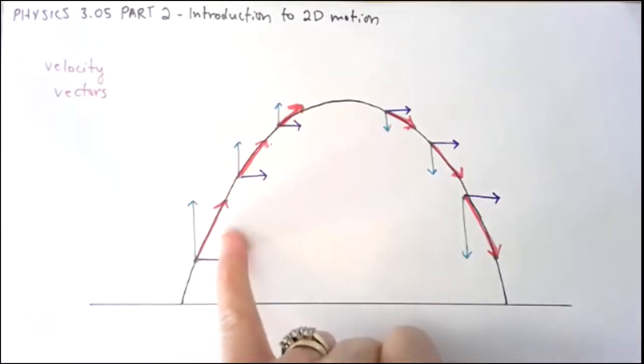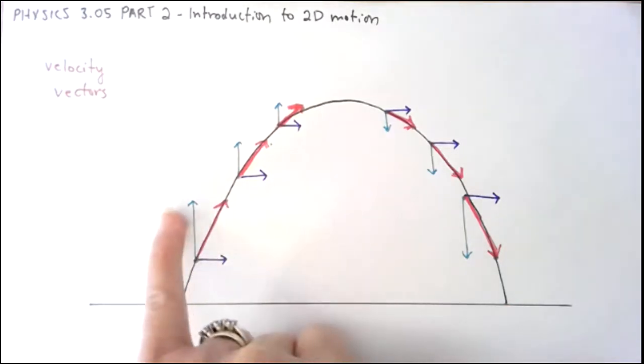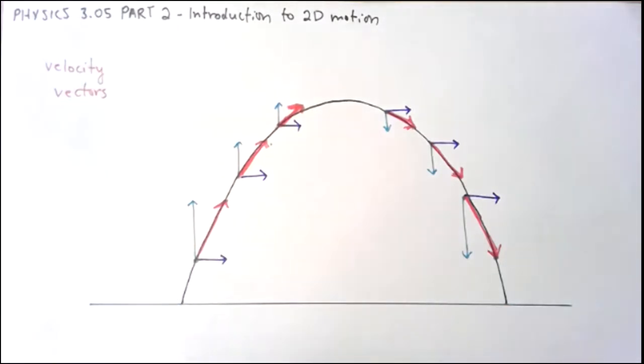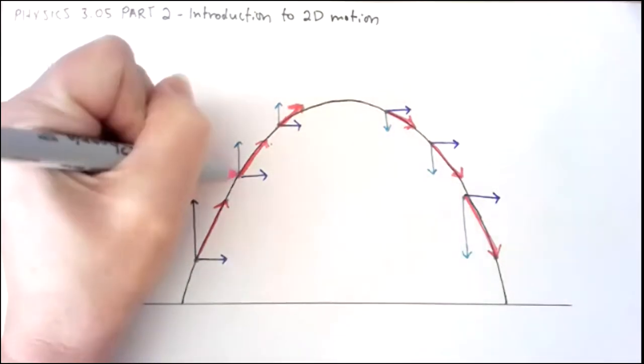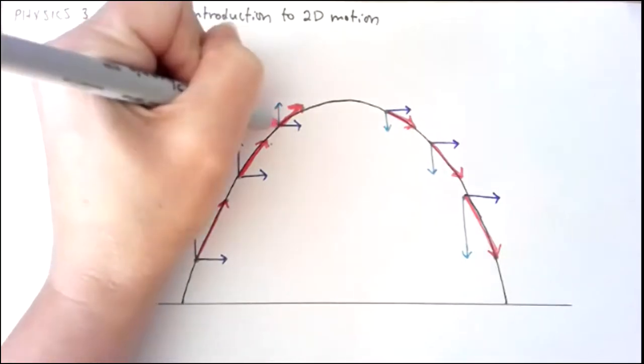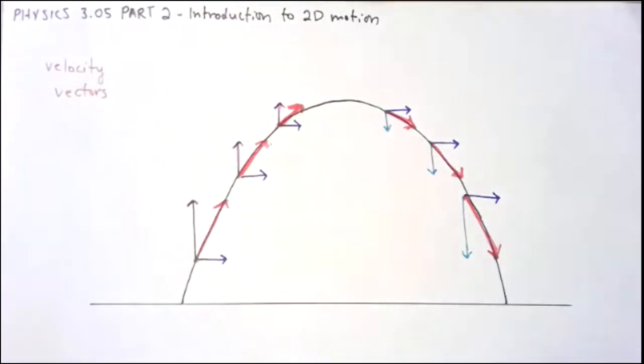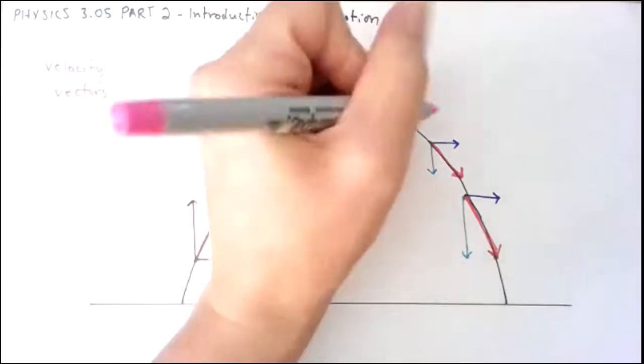So if I take my initial velocity, that's not very dark, so I'm going to pick another color to go over this. Does that help a little bit?